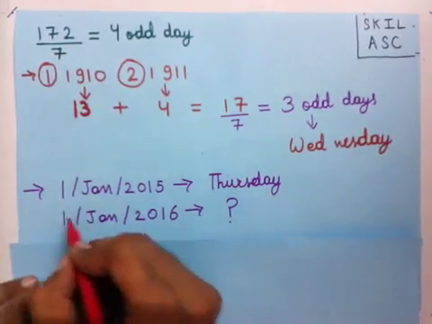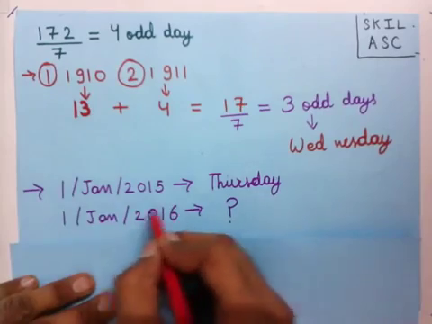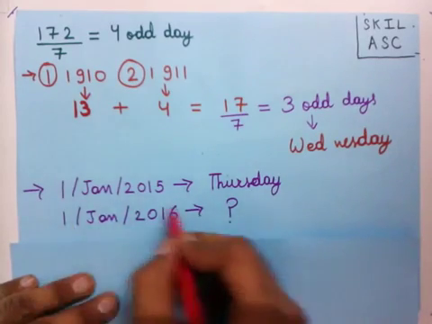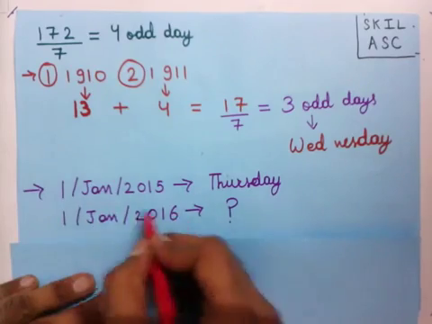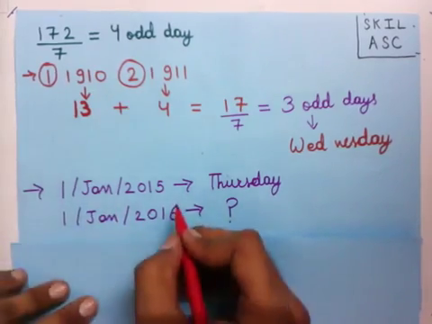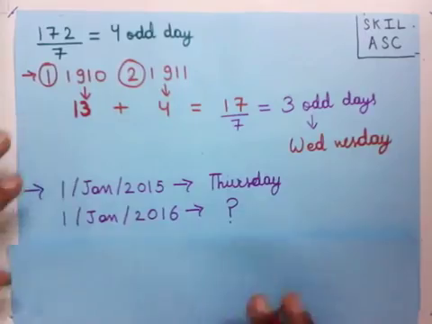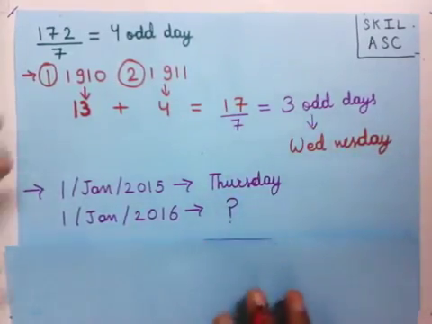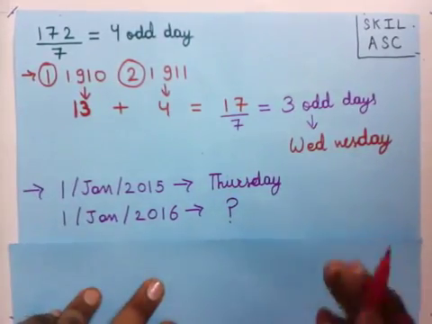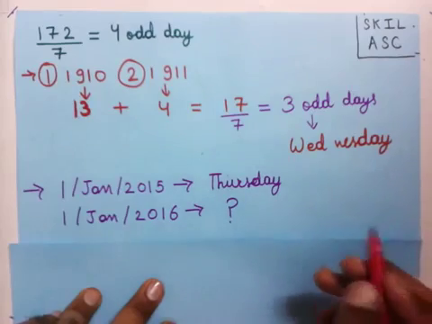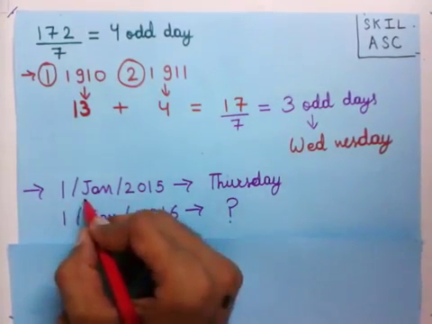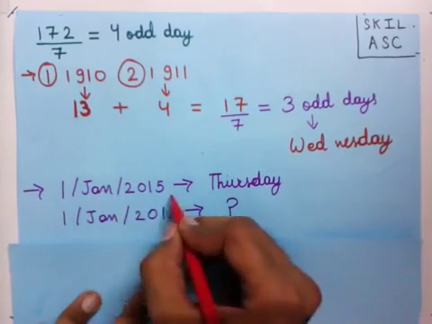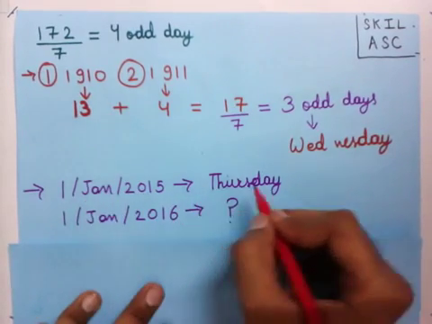Now we have to find the day on this date. It means we have to go to this date. Suppose that to find the day on this date, we will need to reach this date. What I'm trying to say is, whenever you are given the day on any particular date, you must write it first. And now suppose that we are present at the date on which the day is given.